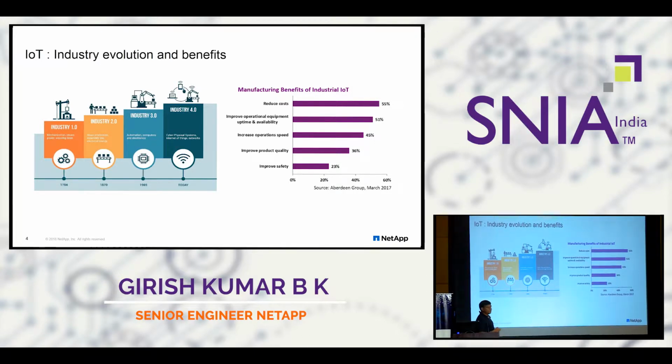Increase the operational speed. Because you are able to monitor your own devices, you can remove the gaps in your flow, right? You will understand how you are doing your work, and at some point in time, you know that this is the bottleneck that you could remove and increase the speed at which you are delivering your products. Improve the product quality.